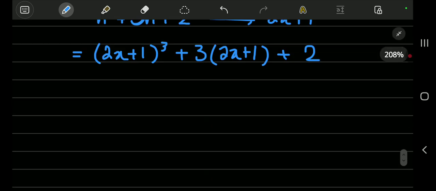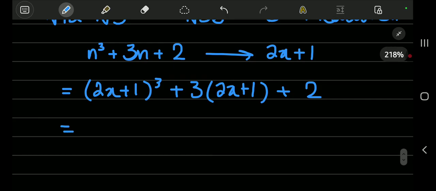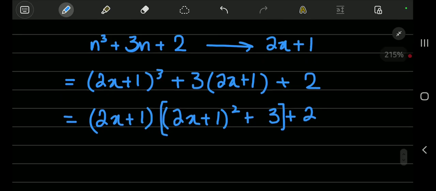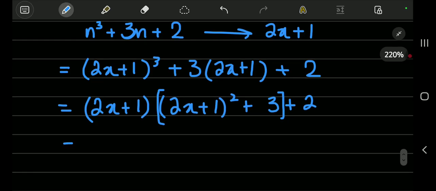Okay, so just solving it to make it a little simpler. I'm taking 2x plus 1 common, so we will be left with (2x plus 1) squared plus 3, plus 2 outside. Why have I done this?